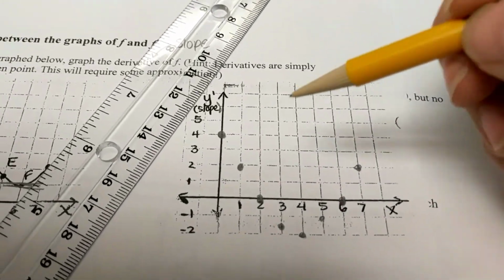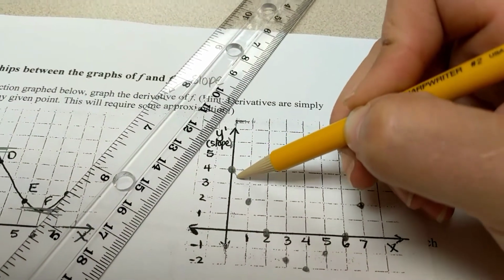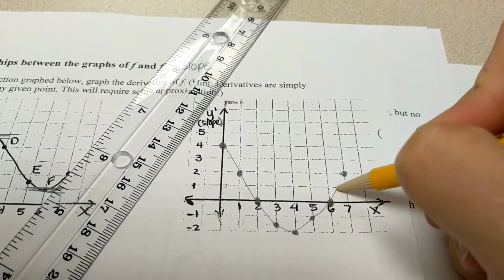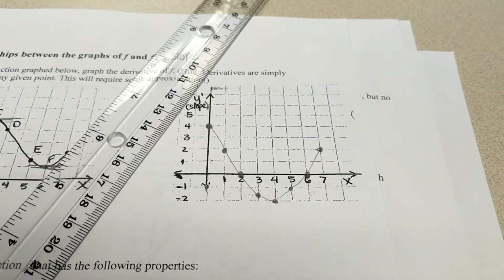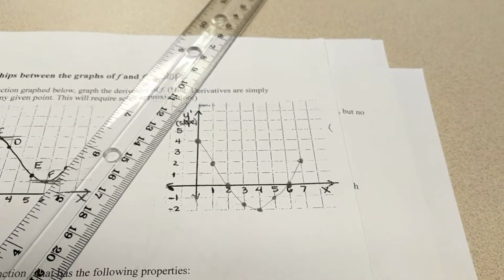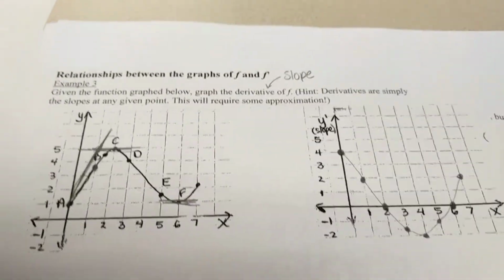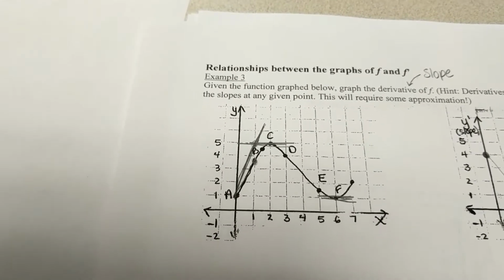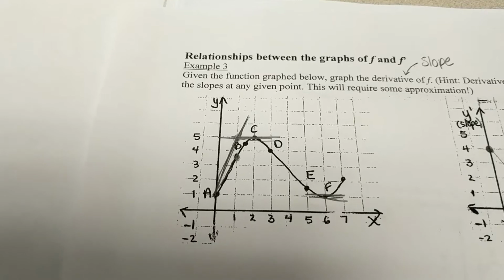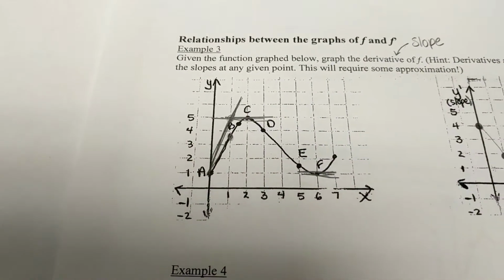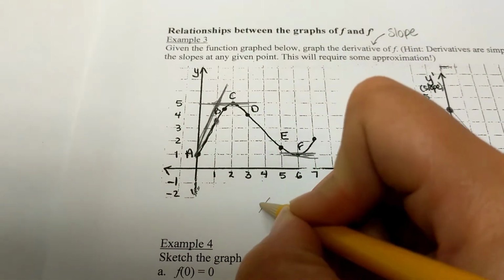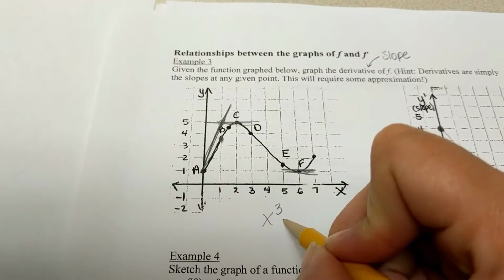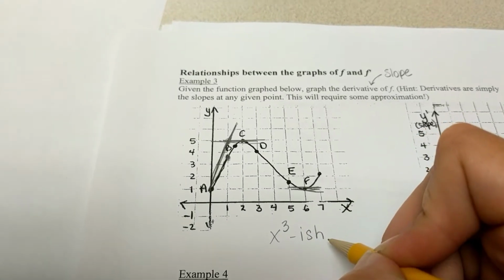Now if I connect the dots here, it's really fun to make noise while you do it. I get kind of this parabola looking graph. Now I want you to think back to the example we did earlier. Example 1, we did the derivative of x cubed. Now this is kind of a cubic-ish graph. So I'm going to put a note to myself here that this is an x cubed-ish graph.